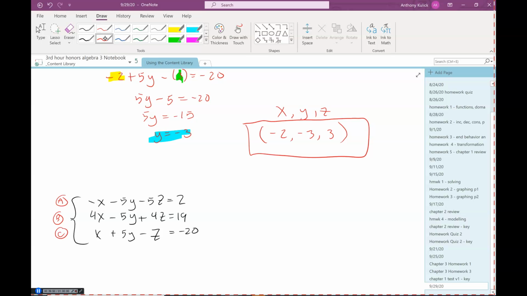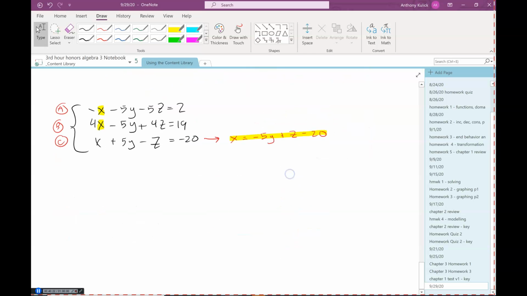So if I look at this, it appears the easiest thing to use would be to get the x by itself in equation C. And then we're going to plug that back into equations A and B. Is everybody okay there?